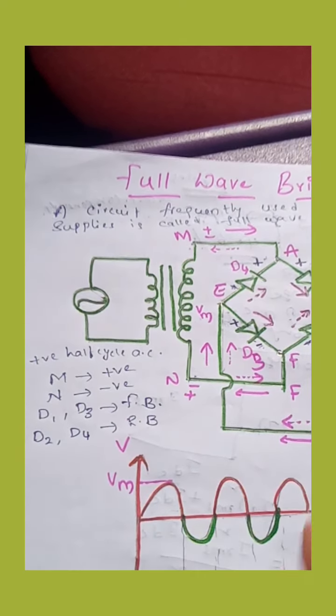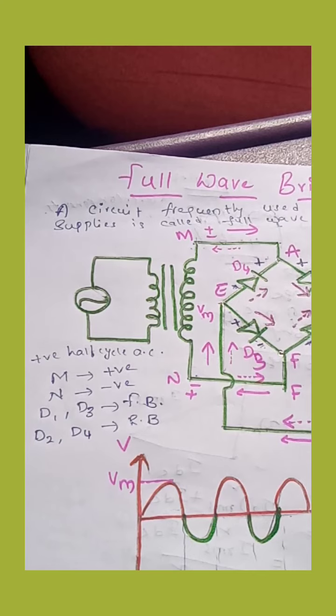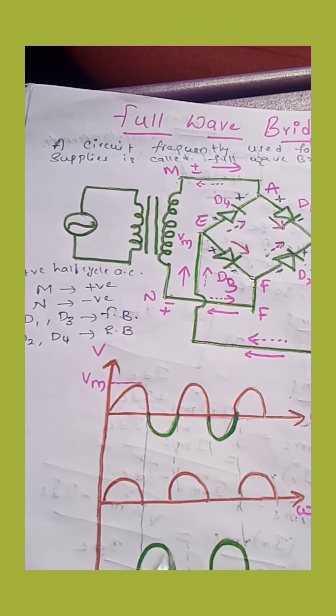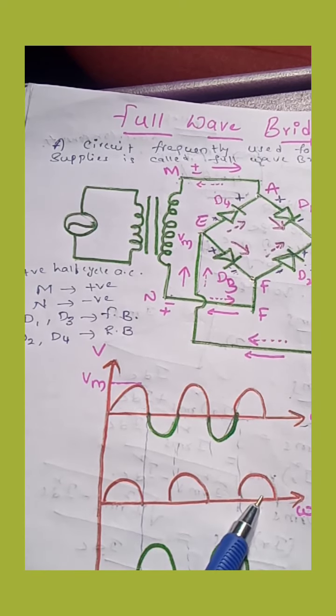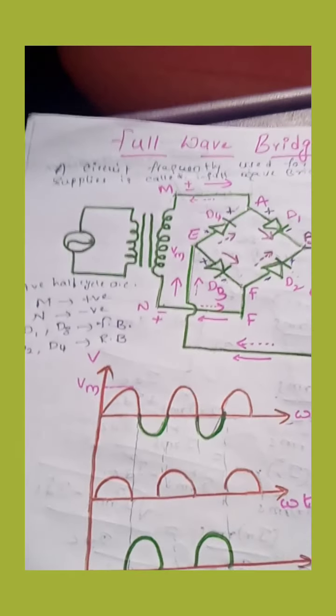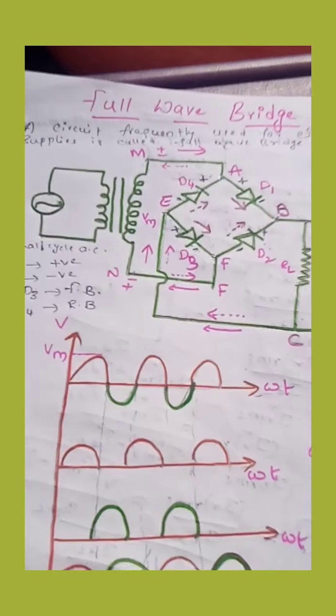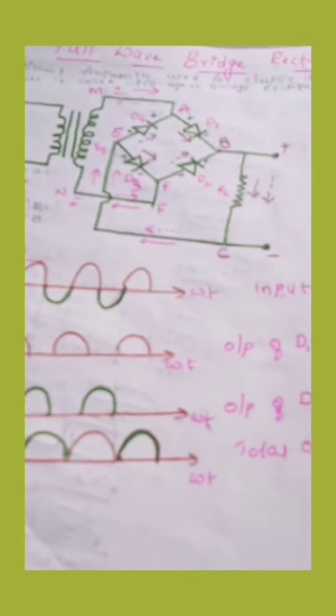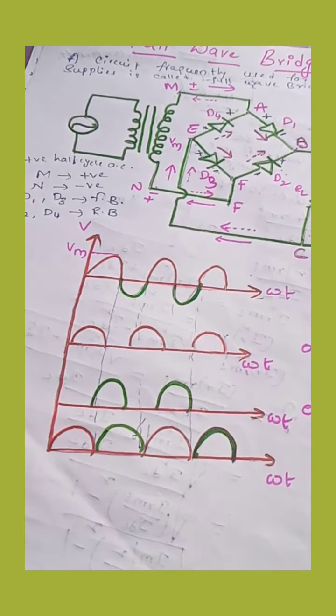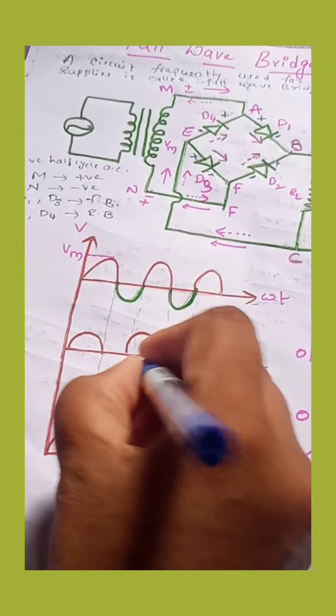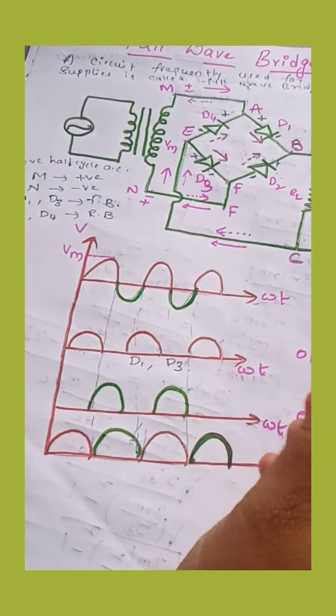In all positive cycles the current conduction will be due to D1 and D3. This is the output waveform due to diodes D1 and D3.